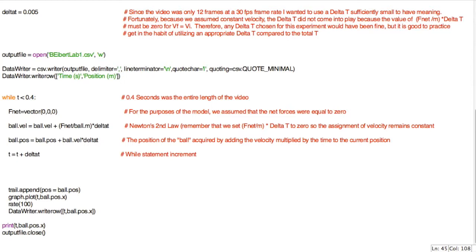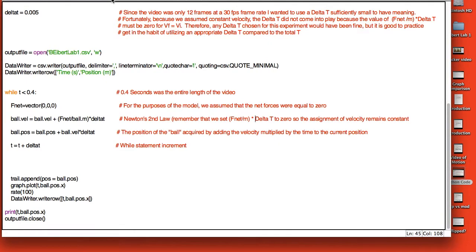And once again, therefore, delta t size does not make a significant difference in this experiment, or in this model, I should say. And then we get our position of the ball. It's acquired by adding the velocity multiplied by the change in time to the current position, and our increment for the while statement.